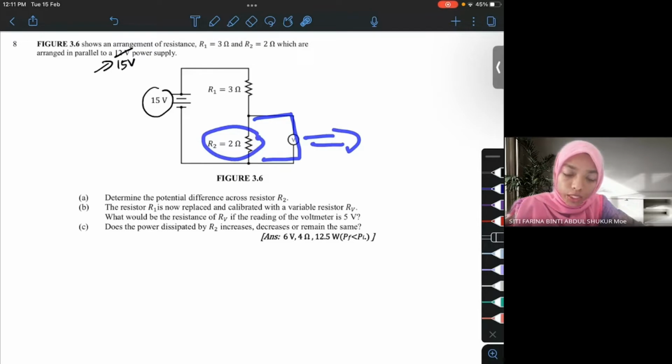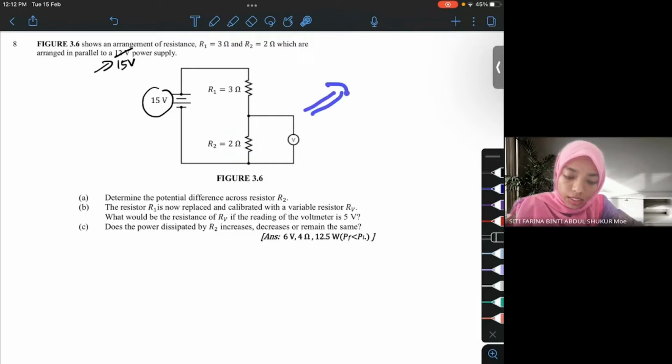You can get the potential across this resistance 2, which indirectly means this is a potential divider across a total potential. So this question is on potential divider. The question asks to determine the potential difference across R2. So we want to know what this voltmeter will read, basically the voltage across this R2.